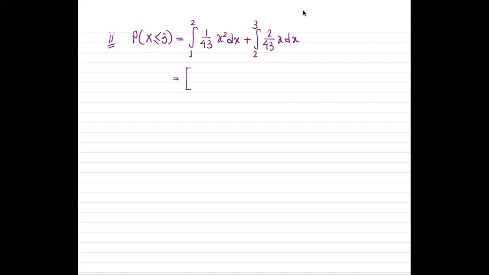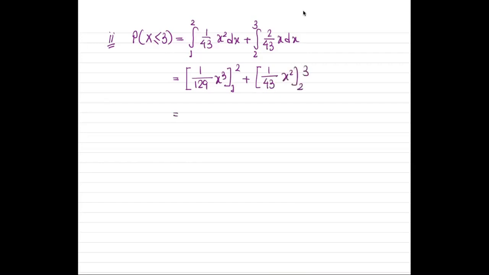So what we get is 1 by 43 into x cubed by 3, from 1 to 2, plus 1 by 43 x squared, from 2 to 3.